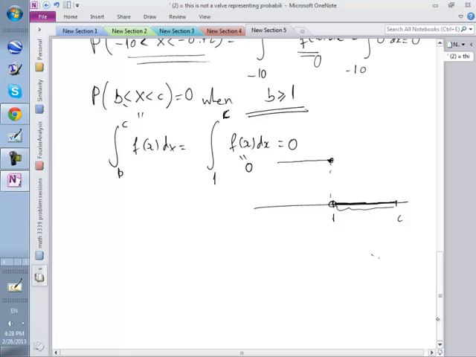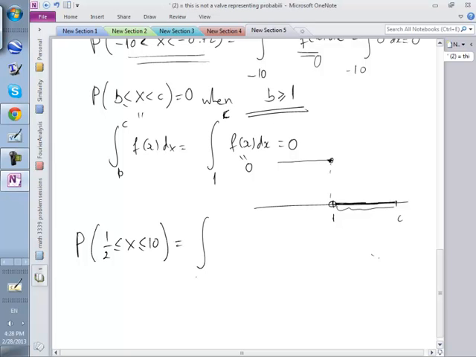Now, I understand that sometimes you have trouble integrating when you have a jump discontinuity. If you have a jump discontinuity like this, suppose that I had to integrate to find the probability that x takes values between 1/2 and 10. Let's say that we have that. The uniform x is uniformly distributed as before.